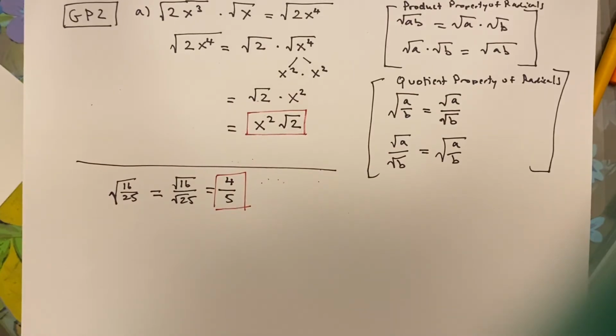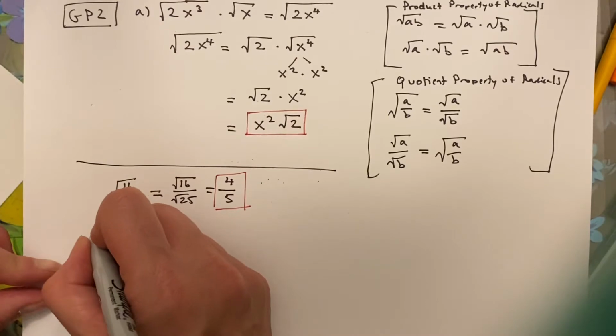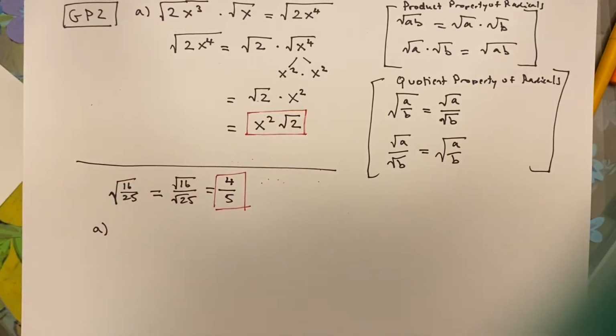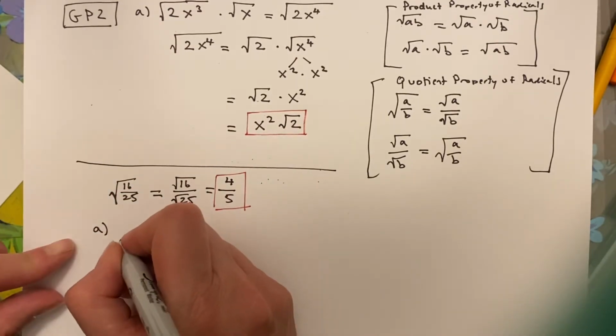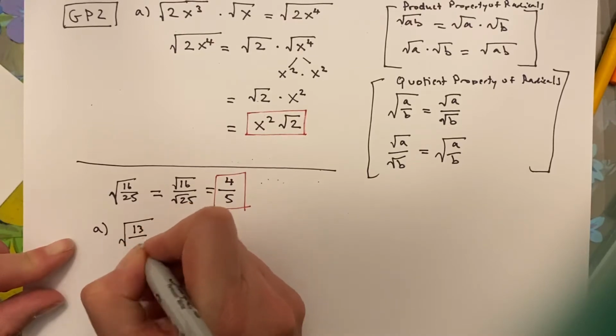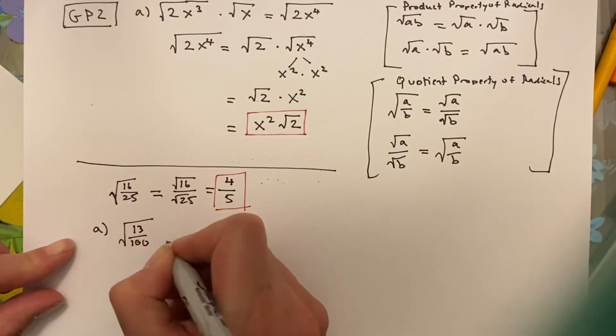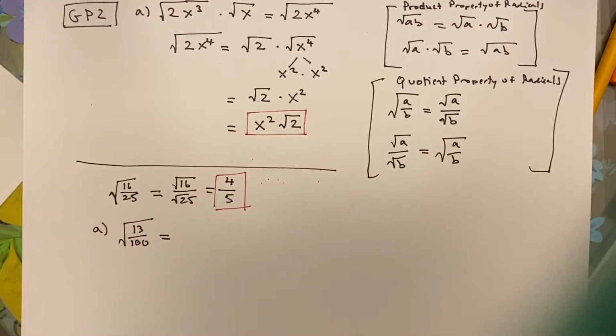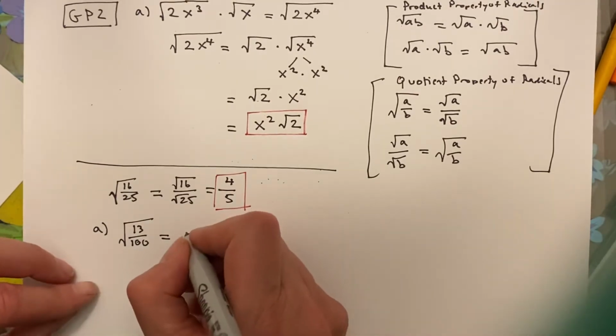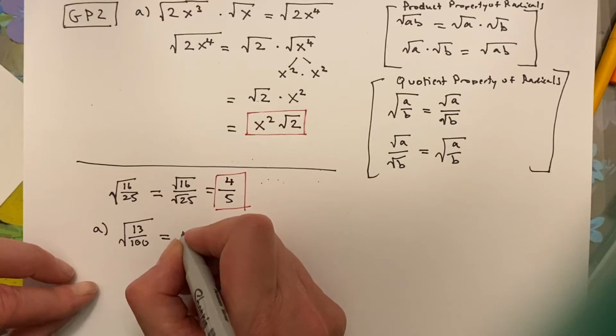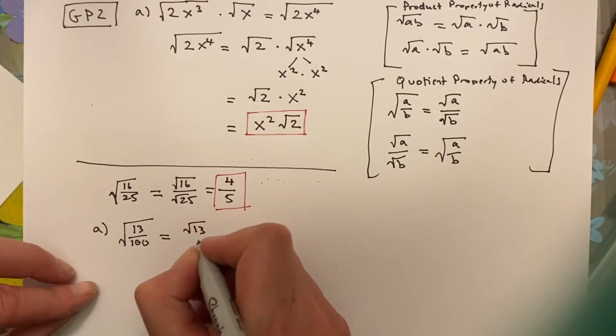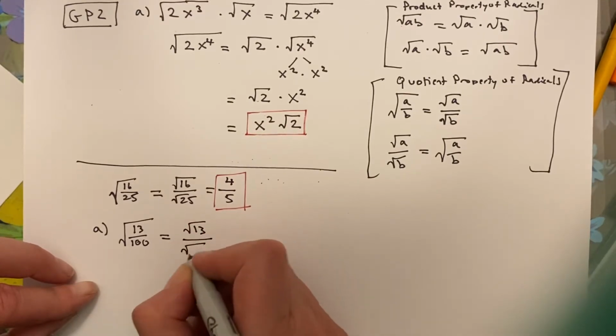If you look at example 3 in the book, and you look at part A, they are going to ask you how can I simplify the square root of 13 over 100. Using my quotient property of radicals, the square root of 13 over 100 equals the square root of 13 over the square root of 100.